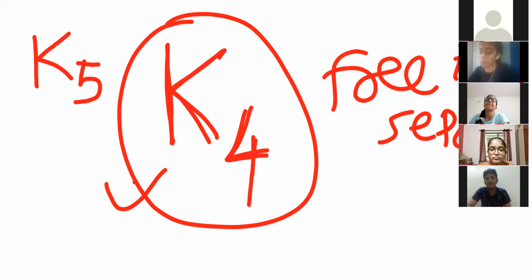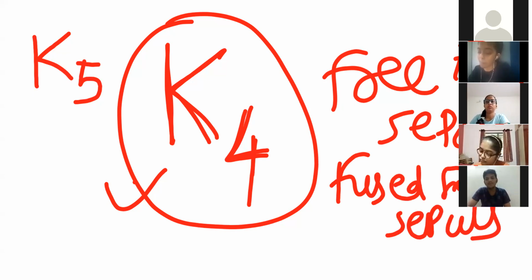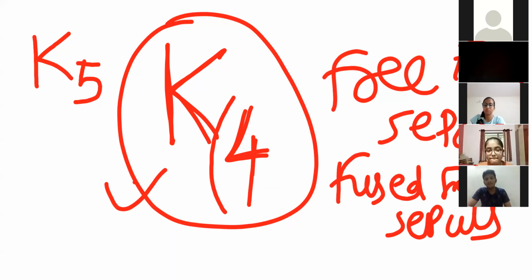But if you want to show not free but fused 4 sepals, at that time make a bracket around this 4. Write 4 in a bracket. Bracket indicates fusion. In floral formula, bracket indicates fusion. If free, remove bracket. If fused, make bracket.